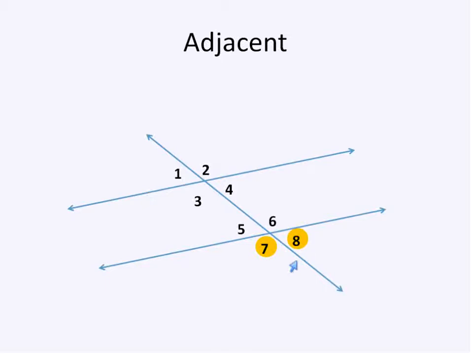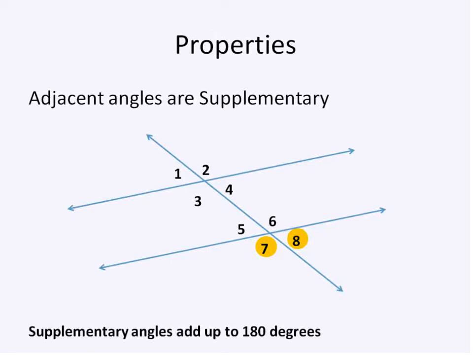And adjacent angles, if you look at this example in 7 and 8 here, you'll notice something, that angle 7 plus angle 8 gives you a straight line. So that means that adjacent angles, and you saw that with every case, angle 1 plus angle 2 gives you a straight line. Angle 2 plus angle 4 gives you a straight line.